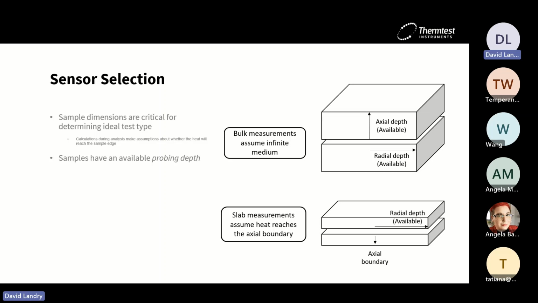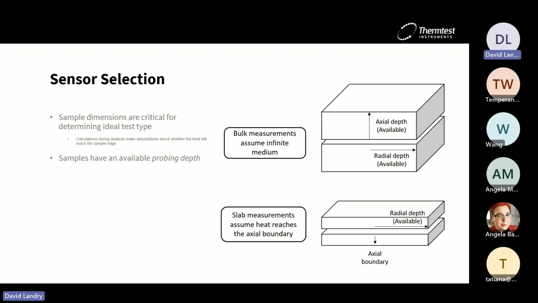So the samples can be characterized with an available probing depth, which is how much distance or volume is available to be tested. And it's basically the minimum distance from the sensor to the boundary, or to the radial boundary for slab.